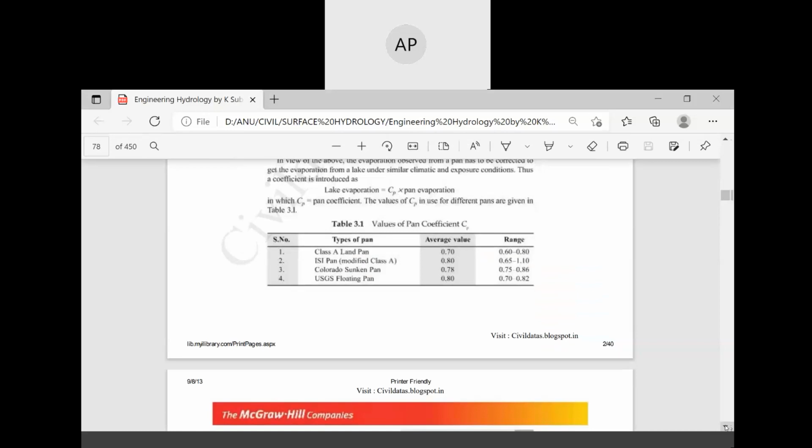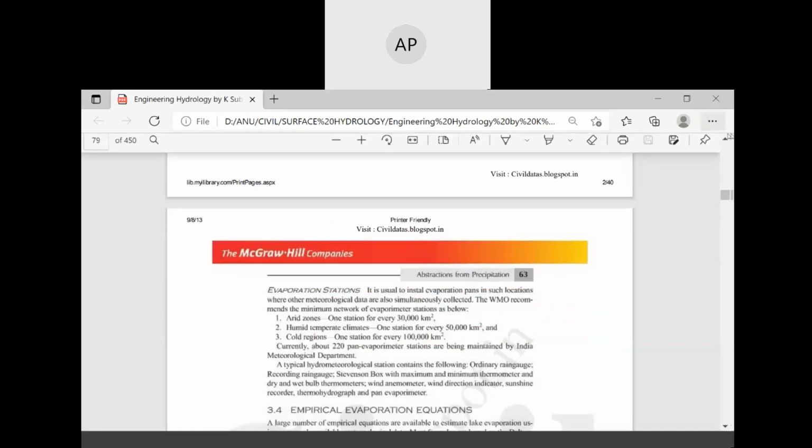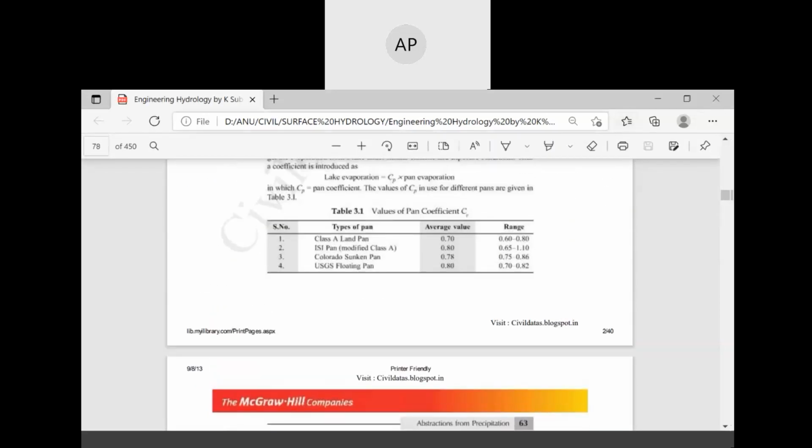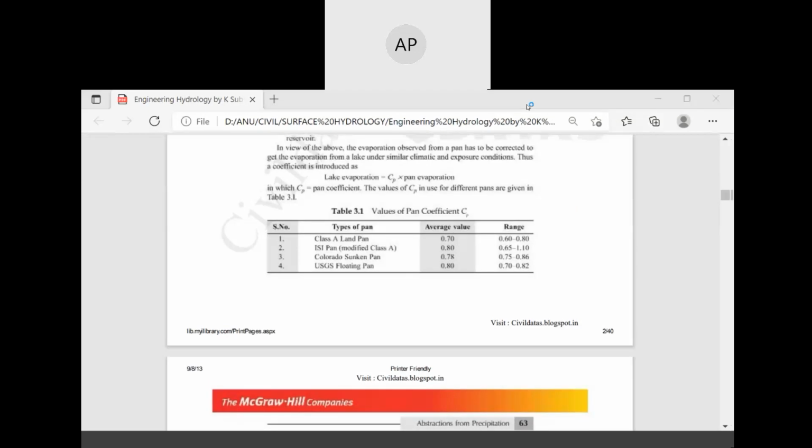These are the different Cp values for different classes of pan. The average values are given for Class A pan, ISI pan, Colorado pan, and USGS floating pan.